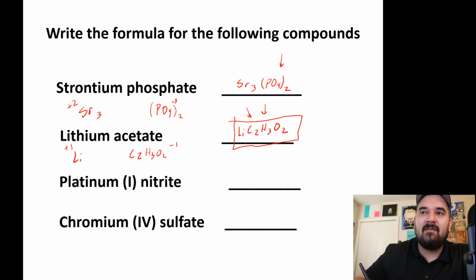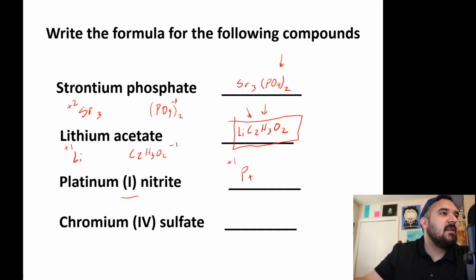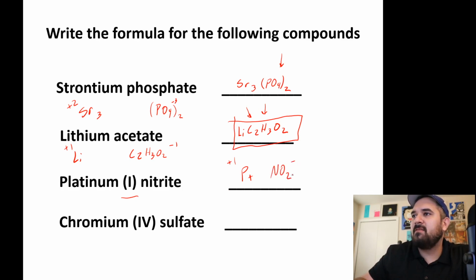The next one we have is platinum nitrite. Platinum is going to be Pt. As we know, platinum has a variable charge, but in this case it's +1. And then nitrite is going to be NO2 minus. So we're only going to need 1 of each.